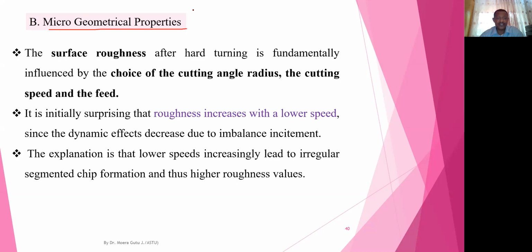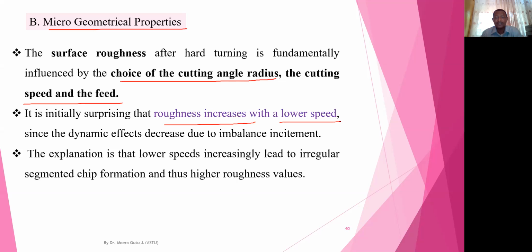The surface roughness after hard turning is fundamentally influenced by the choice of cutting angle, radius, the cutting speed and feed. It's initially surprising that roughness increases with a lower speed. At the lower speed, the roughness is more, meaning at the engagement time, in order to overcome the huge hydrostatic machining cutting force, the roughness may be high.